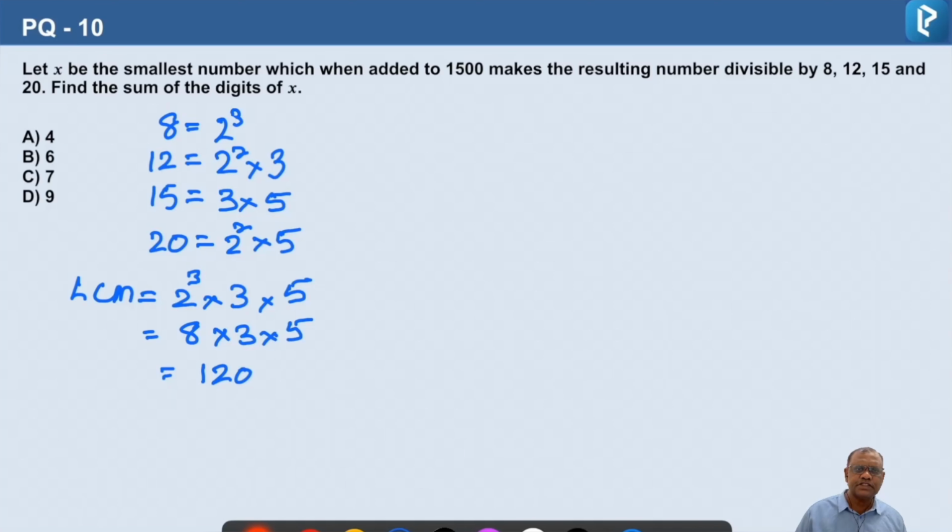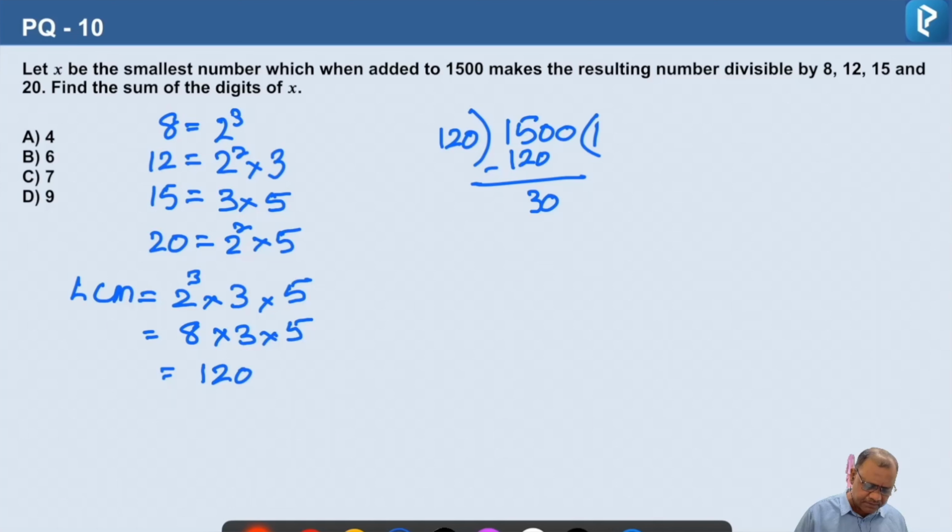Now we should find out the smallest number which, when added to 1500, is divisible by the LCM of all these numbers. So we should divide 1500 by 120, and find out how much is falling short. 120 once is 120. By subtracting we will get 30. So carry one more 0. So 300.